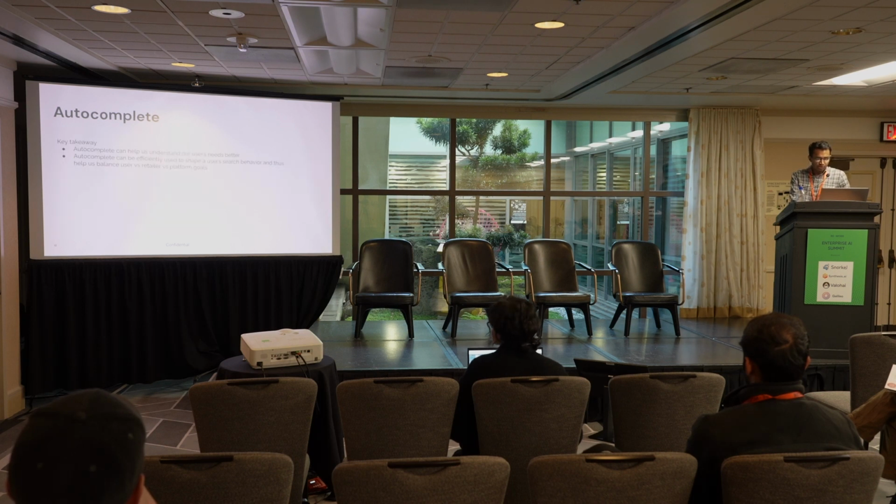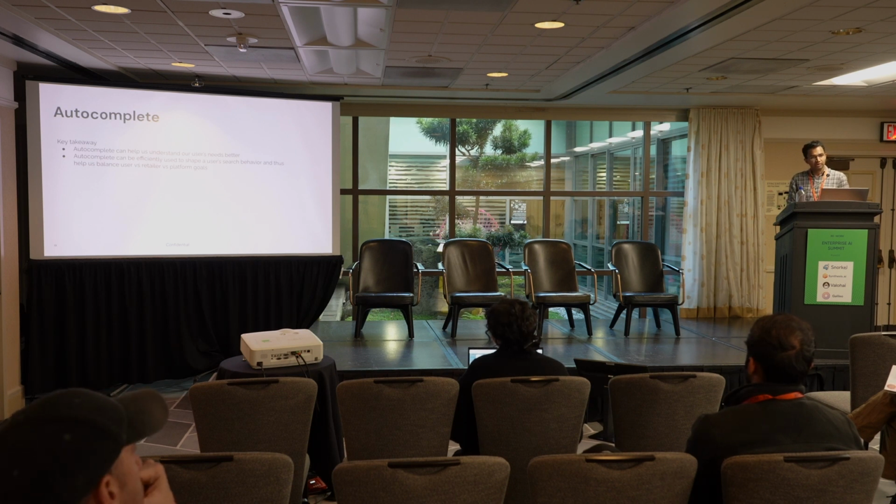So what's the key takeaway here? I think we used autocomplete as one way to guide users through their journey, while also balancing for the different requirements of the platform, which is to once again maximize the user satisfaction rate, while also allowing retailers to push for more novel and, let's say, discovery themed products.